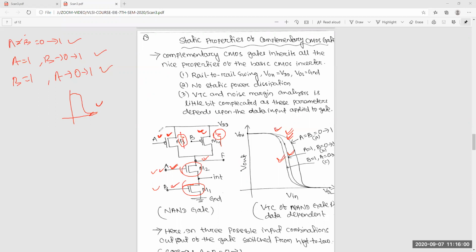That means the strength of the PMOS or PUN device will be more. In the inverter case we have discussed that. If you increase the strength of the NMOS, your curve shifts left. If you increase the strength of the PMOS, your curve shifts right. These things we have discussed.